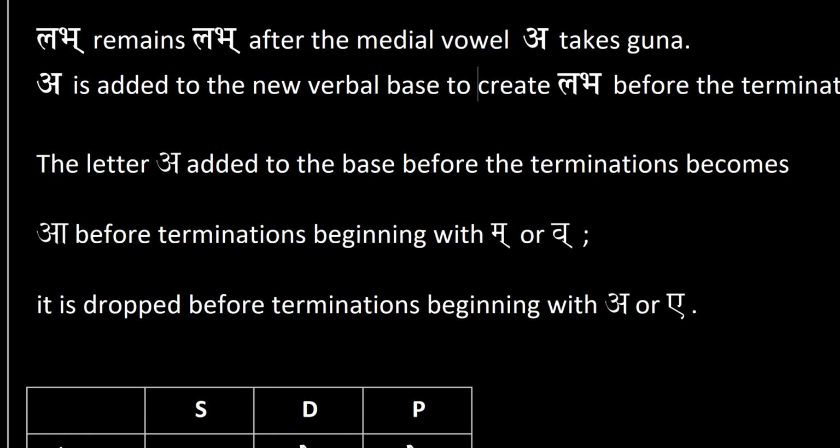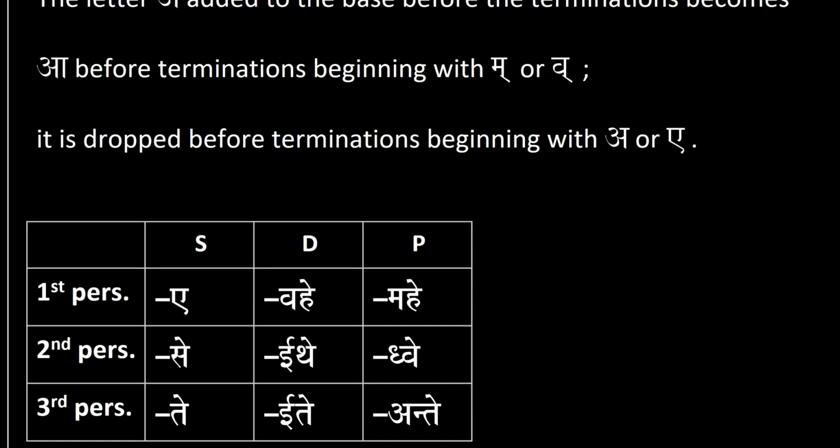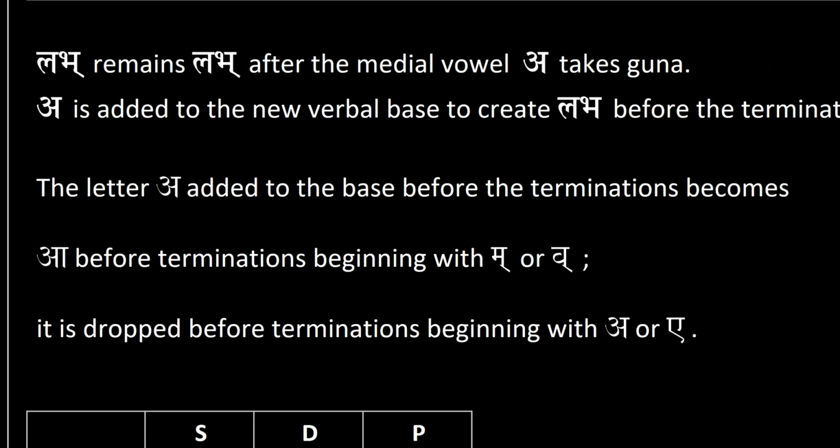It becomes ā before the terminations beginning with ma or va. That is similar to the first conjugation, or to the active conjugation, I should say. But what is new is that a is dropped before terminations beginning with not only a third person plural, but also e.